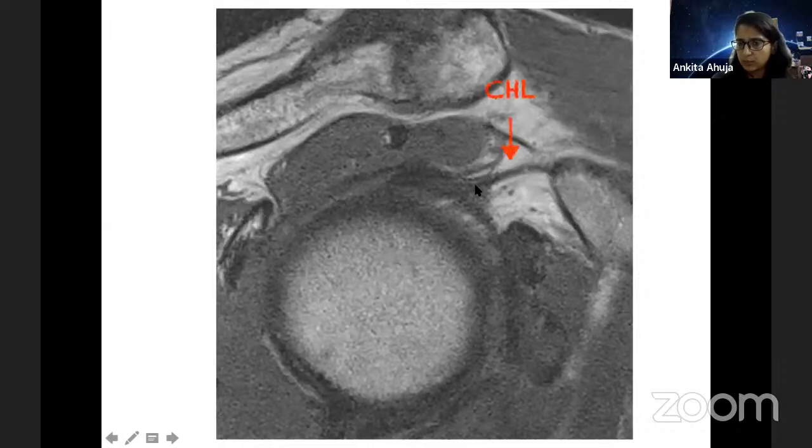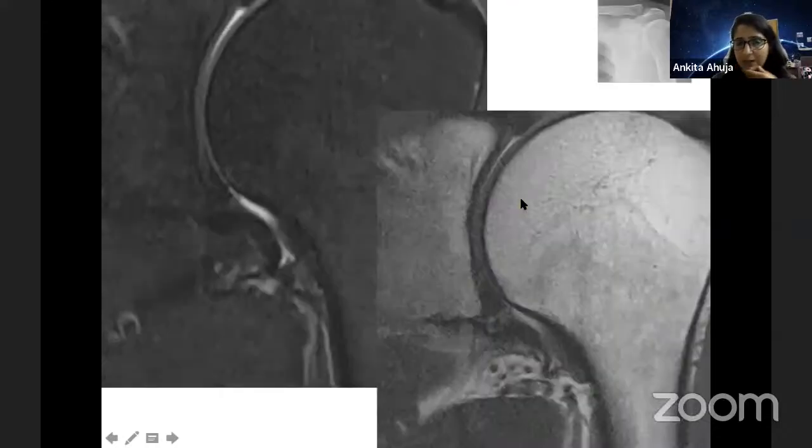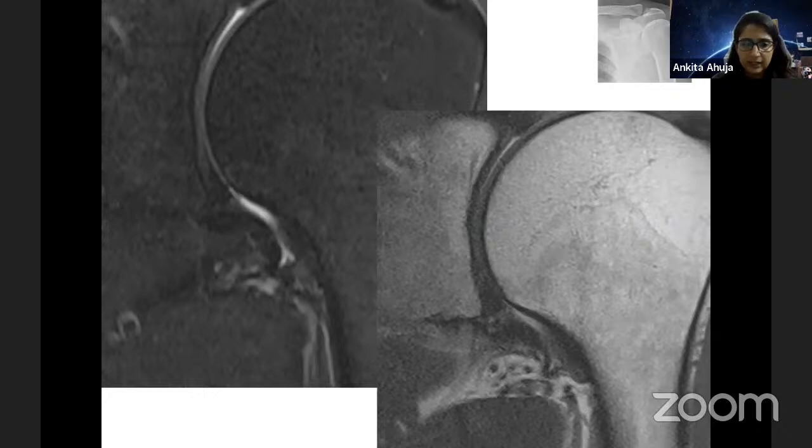One is the coracohumeral ligament in the roof, and your superior glenohumeral ligament, this black band in the floor. And this is your biceps tendon, and there is a lot of fatty area over here, which is normally seen in the rotator interval. So this is your normal rotator interval anatomy.